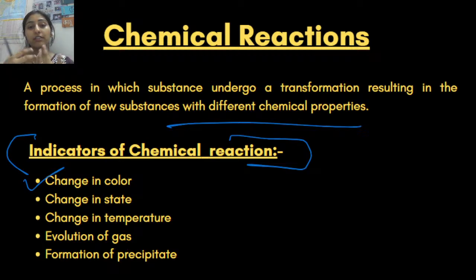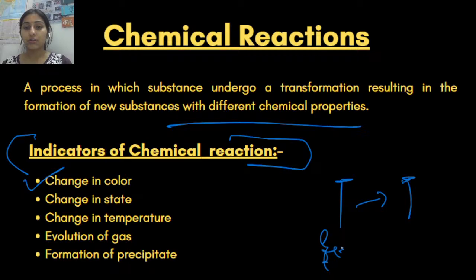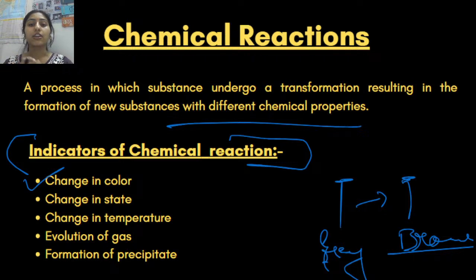Like we discussed previously, the rusting of an iron nail. The iron nail's color was previously grayish, and the gray color was getting changed into brown, right? So that was an indicator of what? Chemical reaction. So the change in color basically signifies chemical reactions.